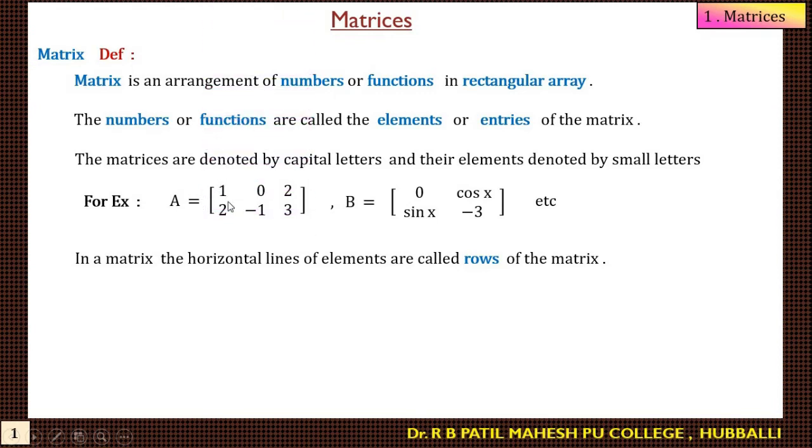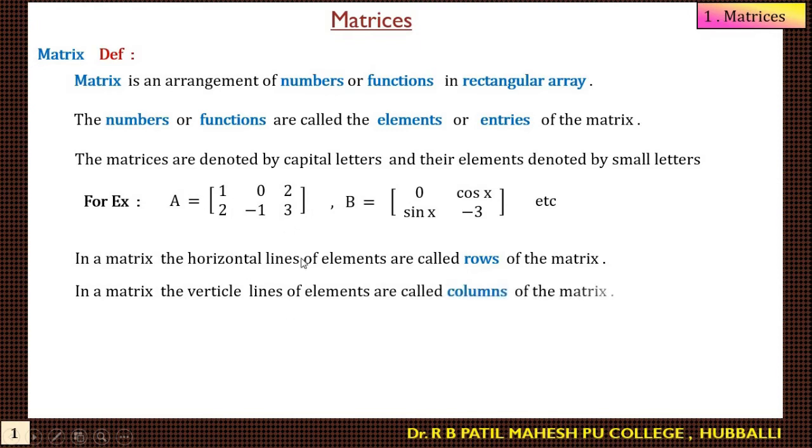In the same way, if I count the elements vertically, then they are called columns of the matrix. In a matrix, the vertical lines of elements are called columns of the matrix. Here you can see the first column, here the second column, and this is the third column.